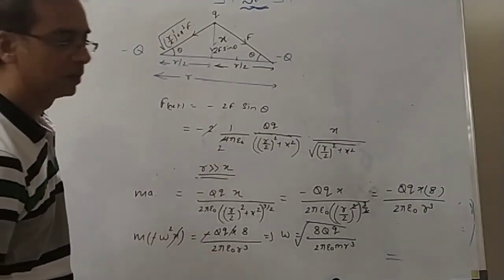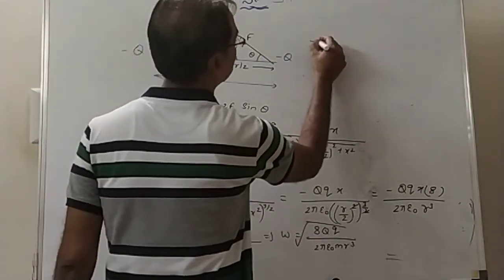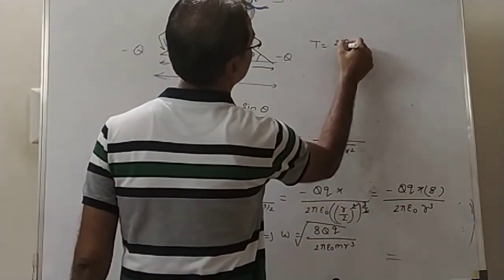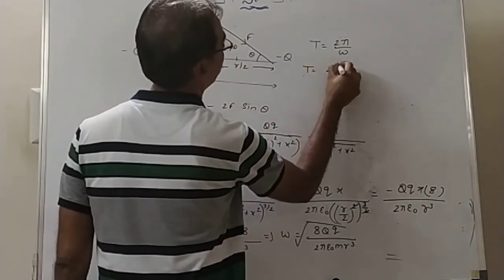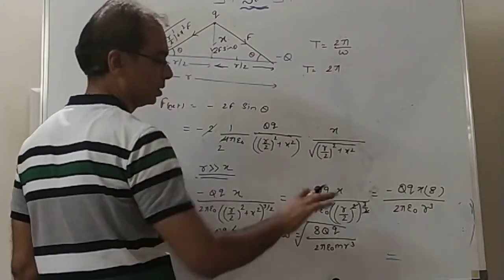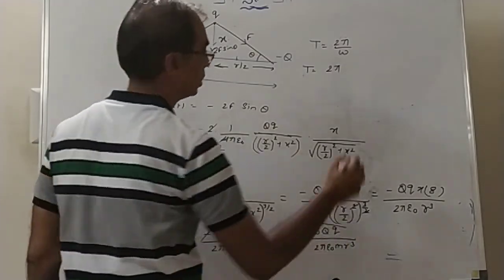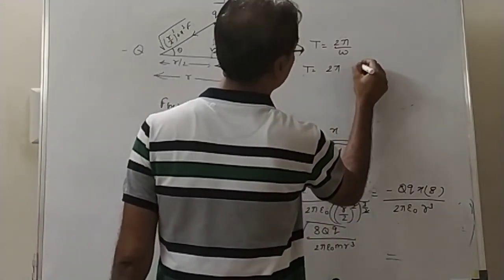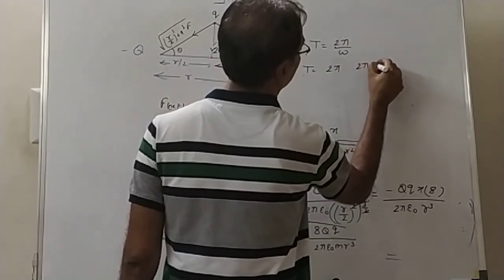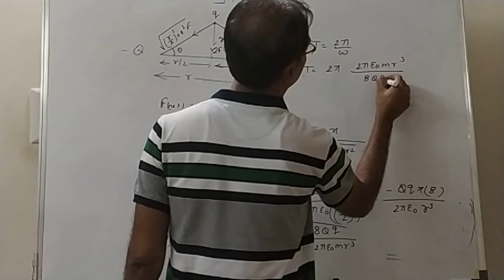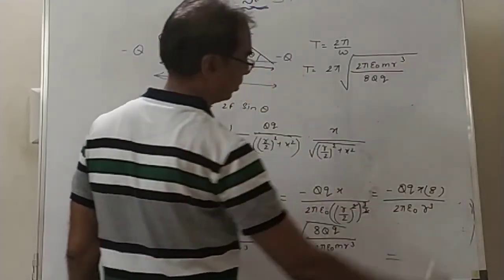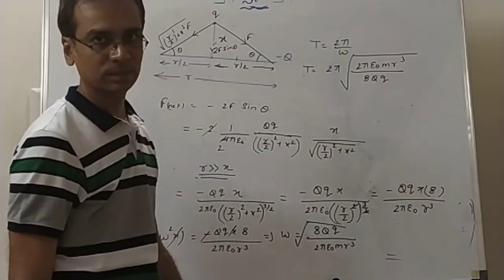So that means you got time period also, because time period is 2 pi by omega. So time period will be 2 pi into, what is omega? Just inverse it. So 2 pi epsilon naught m r cube by 8 q cube. This is time period.